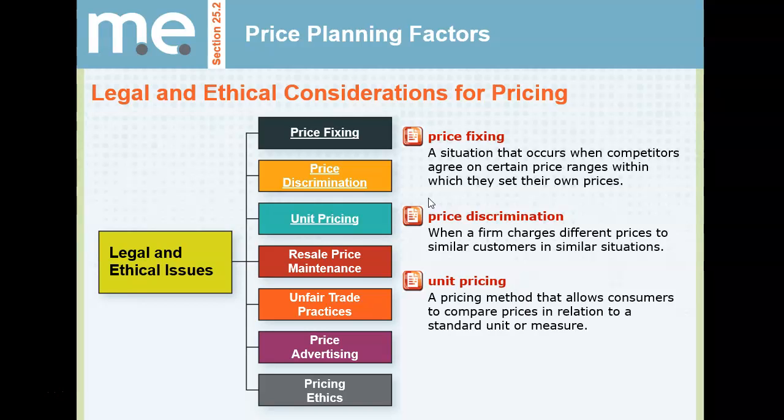Banks, for example, are required to have interest rates at certain levels for certain levels of risk, and they have to take into account the different prices that they might charge to different customers. What do I mean? Let me narrow it down a little bit.